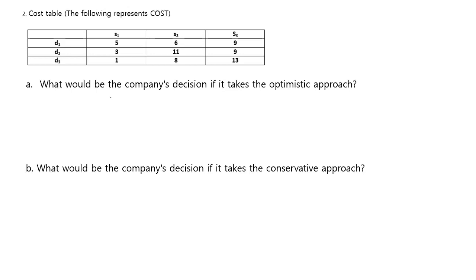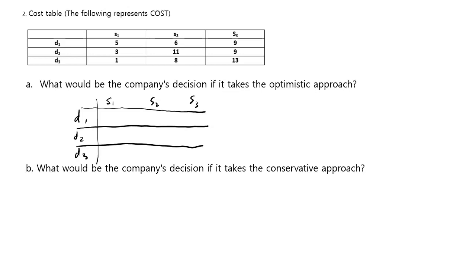I'm not going to specify what these states of nature are and what these decisions are, because that's not too important. Let's just think about what optimistic approach is. Optimistic approach thinks about the best case scenario for each decision.